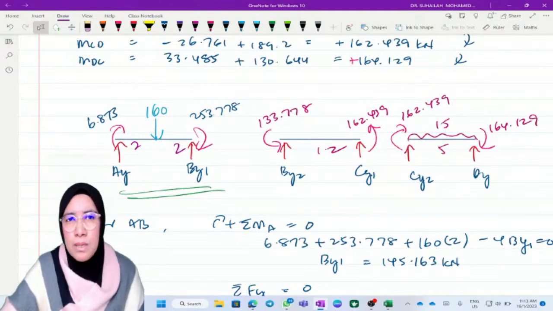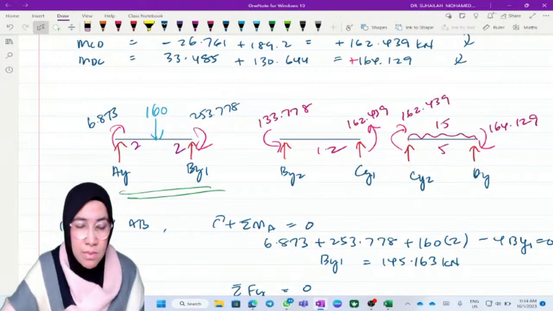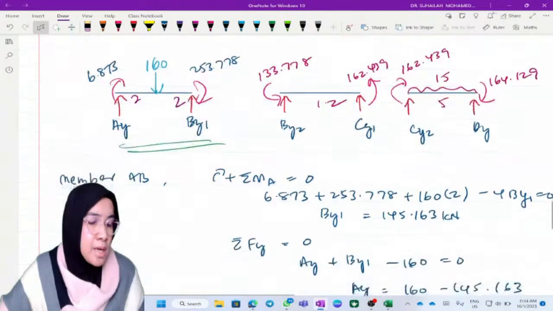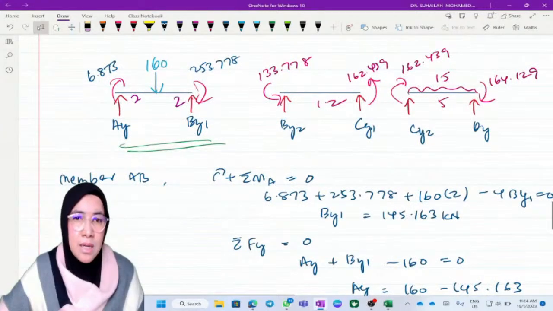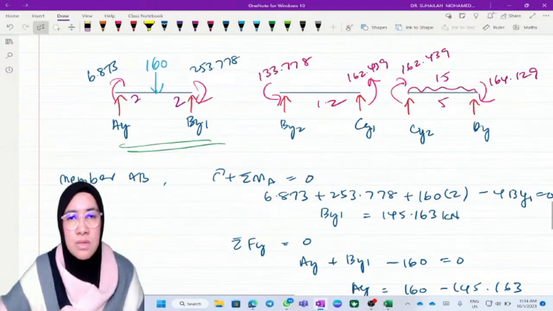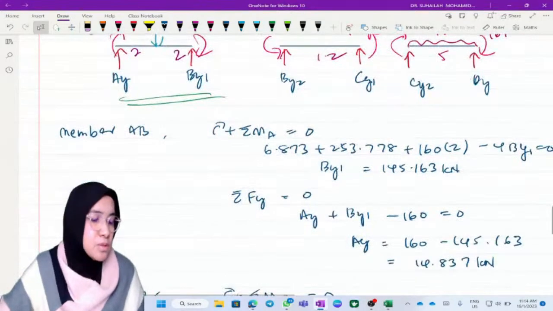We apply the equilibrium equations: moment, and then total force in the y direction because it is a beam. Total Fx is ignored because there is no horizontal force, horizontal reaction, or horizontal displacement.